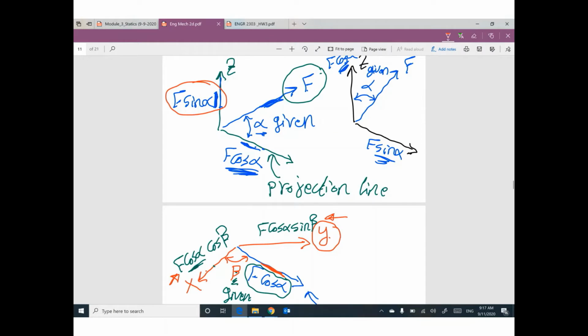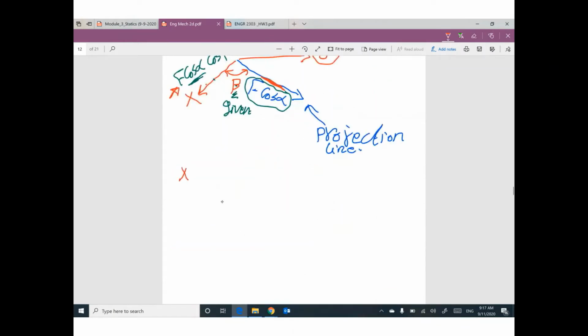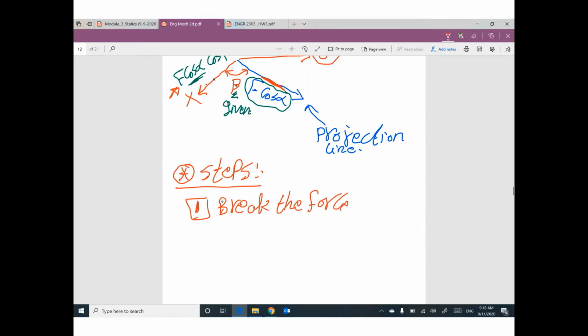So your steps for this case are very simple, but be organized a little bit. First, break the force between the Z-axis and the projection line.